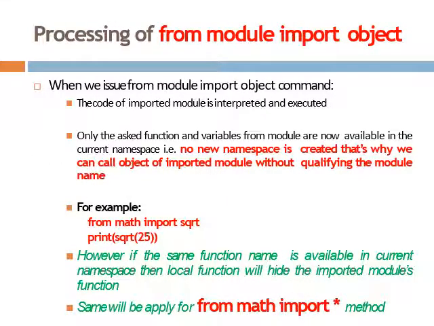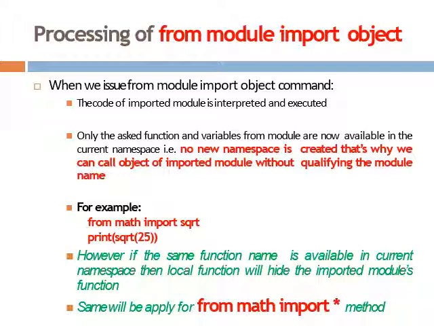Processing of from module import object. In this type, as you know very well, the required object, that is a function, will be imported into your program. Similar to the import module type, here also the statement is interpreted and executed. Unlike the previous one, no new namespace will be created.